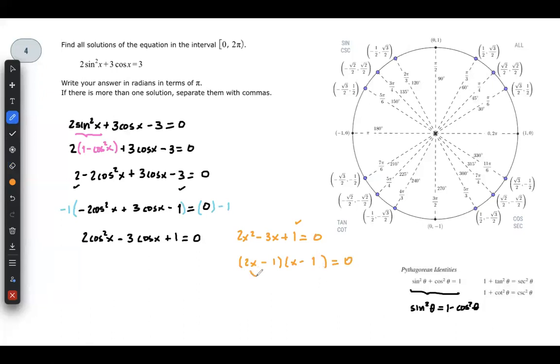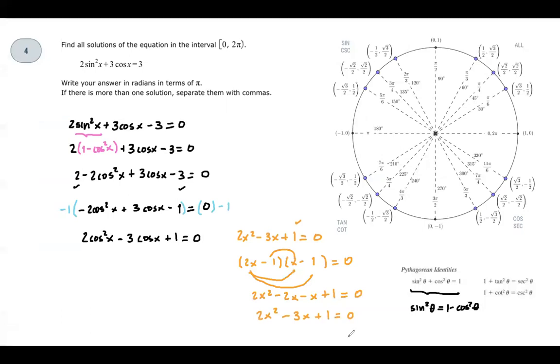And if I multiply 2 times x, I get 2x squared. 2 times x times minus 1, I get minus 2x. Minus 1 times x, I get minus x. And minus 1 times minus 1, I get positive 1. So that is actually what I was looking for.